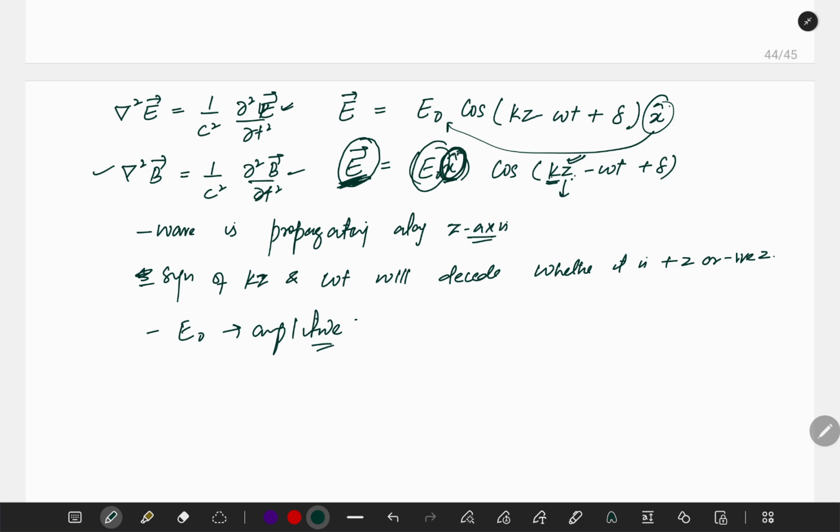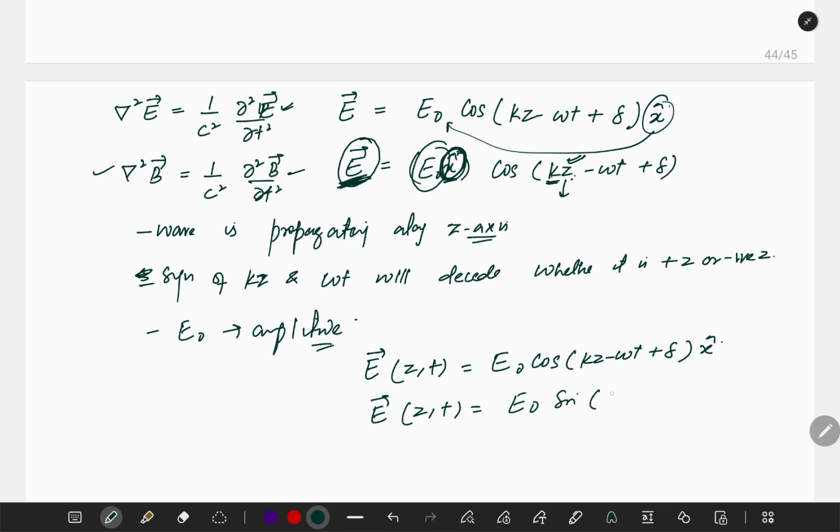Or we can write it in this way. In some books you can write it like this: electric field E(z,t) equals E naught cos of (kz minus omega t) plus delta, x cap. Or you can write E(z,t) equals E naught sine of (kz minus omega t) plus delta, y cap.